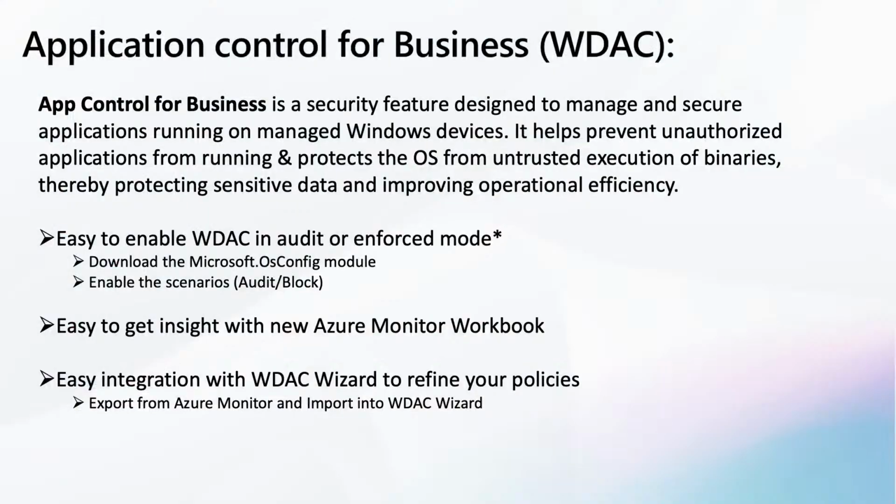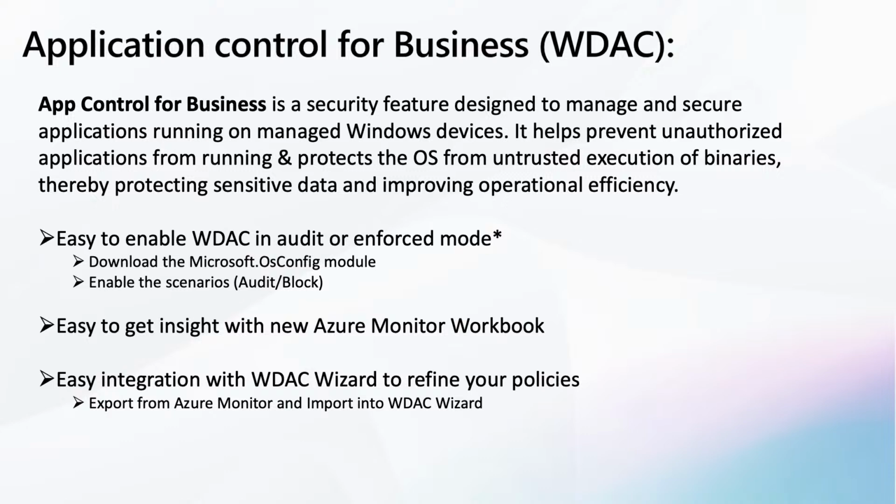So now let's go to application control for business. We all know that it's a security feature designed to manage and secure applications running on managed Windows devices. It really helps prevent unauthorized applications from running and protects the OS from untrusted execution of binaries.